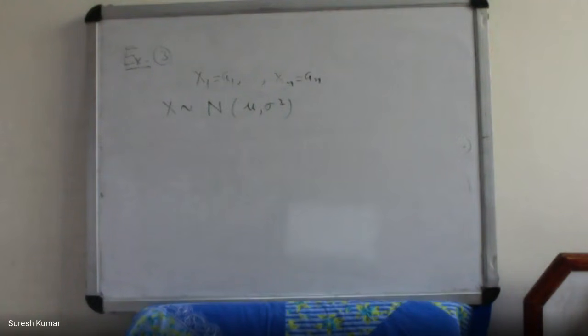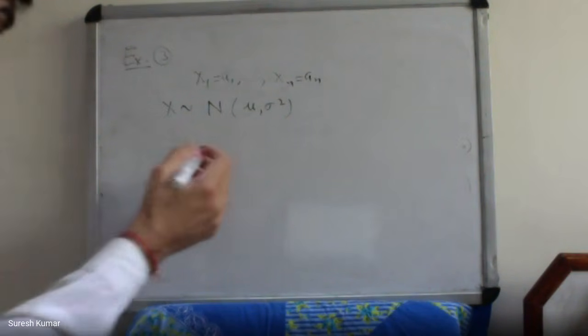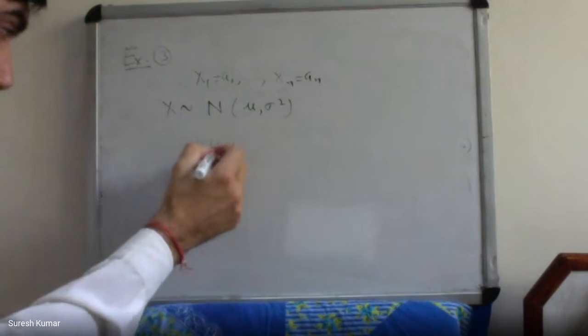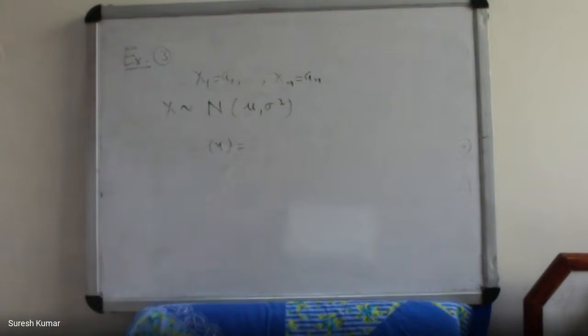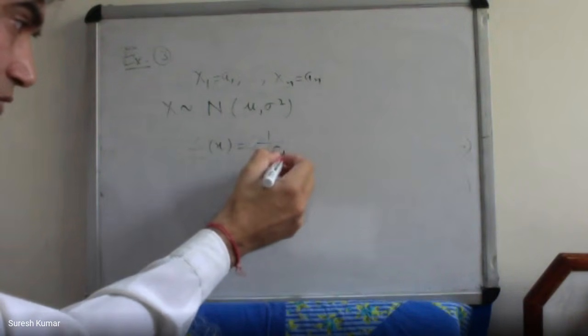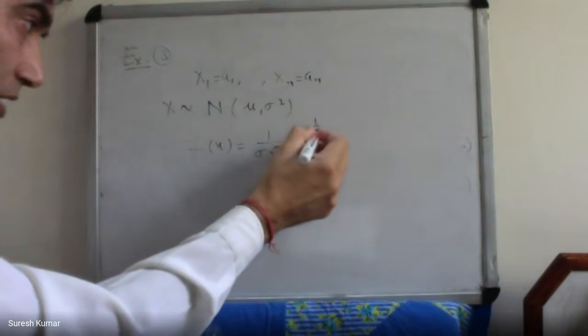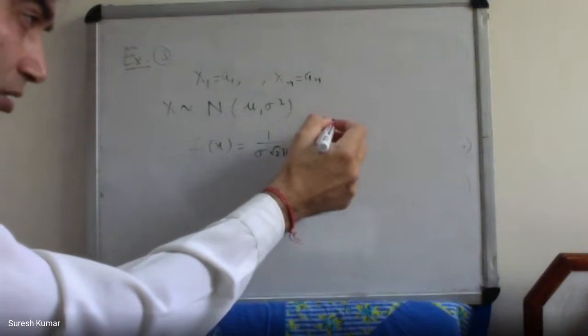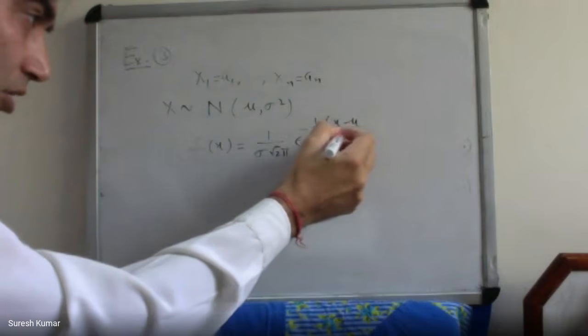Okay. So the thing is how to write the likelihood function of your sample. So what is the probability of x in normal distribution? Do you recall the probability density function of a normal random variable? It is 1 over sigma root 2 pi e power minus half ((x minus mu) over sigma) whole square.